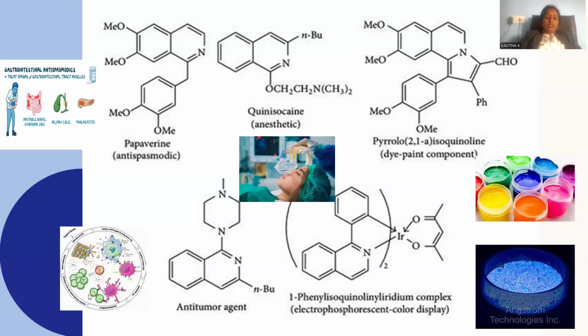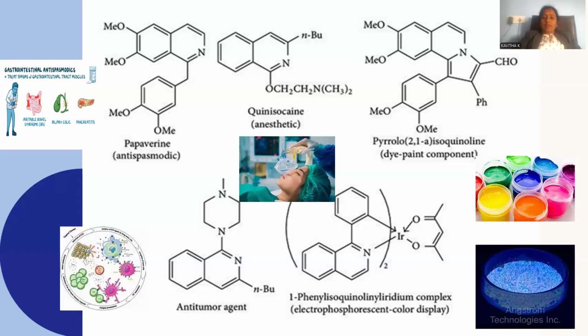And tumors, malignant kinds of cysts, can be easily cured by means of this kind of isoquinoline-based anti-cancer agents. And here is a kind of coordinate covalent complex where we have dimeric isoquinoline moieties, which are in complexation with iridium.